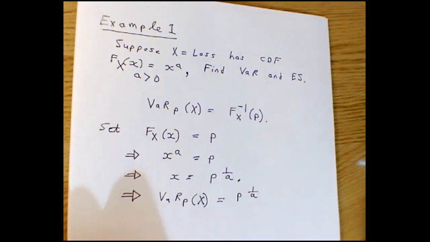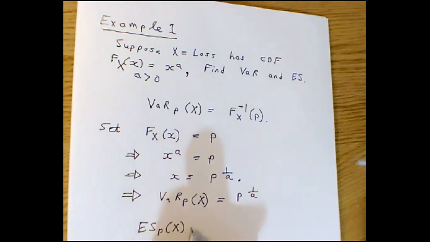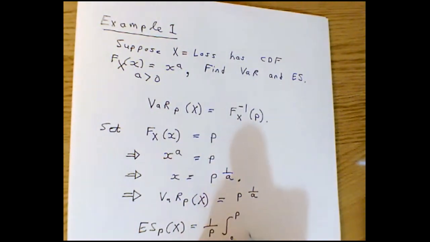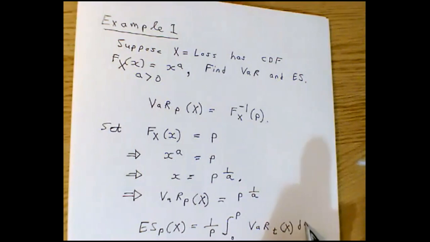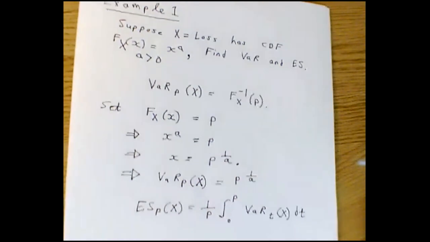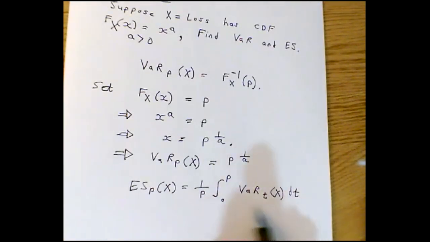Now, in order to find the expected shortfall, I'm going to use the formula which I gave you a few slides ago, which is this one. You may recall this formula.